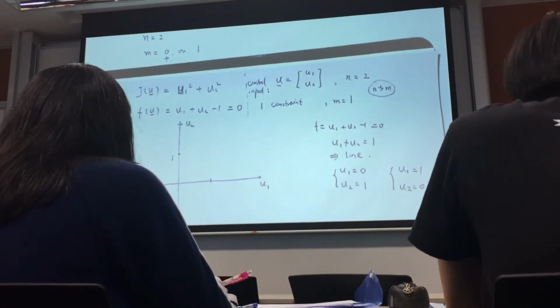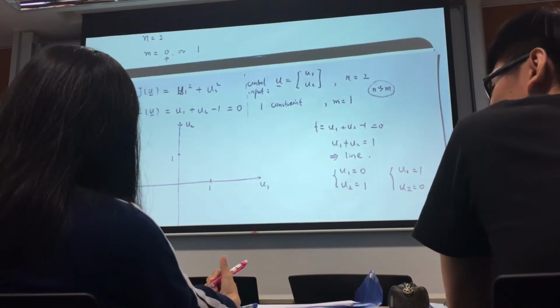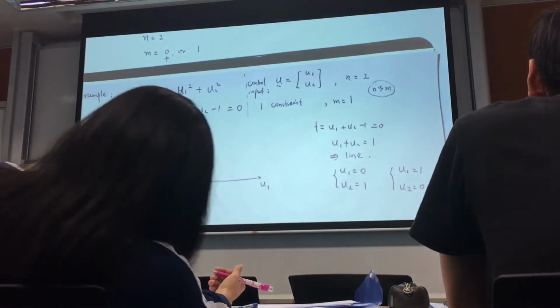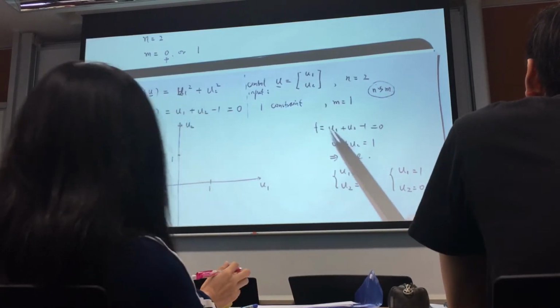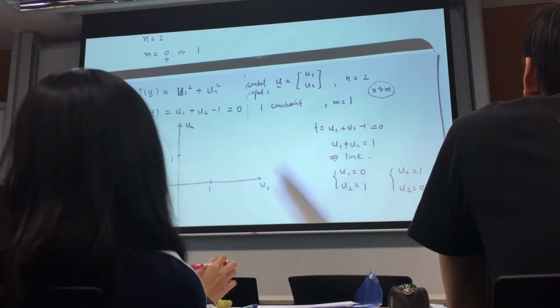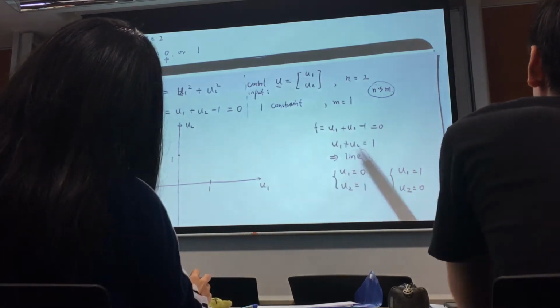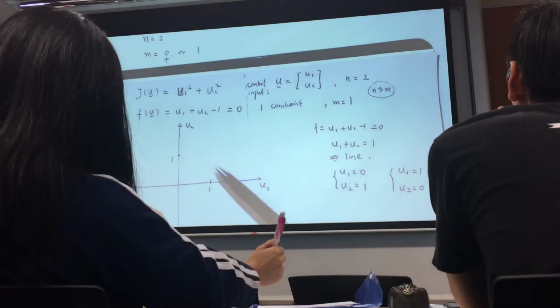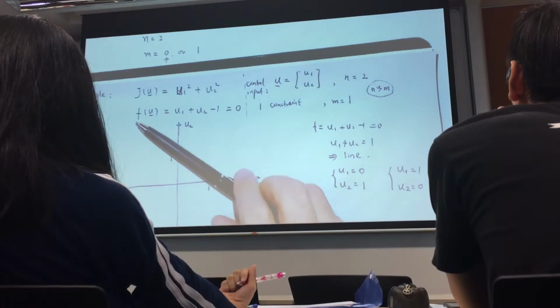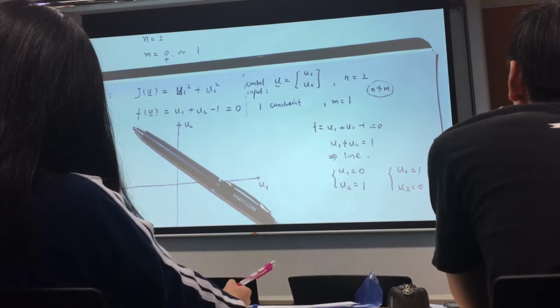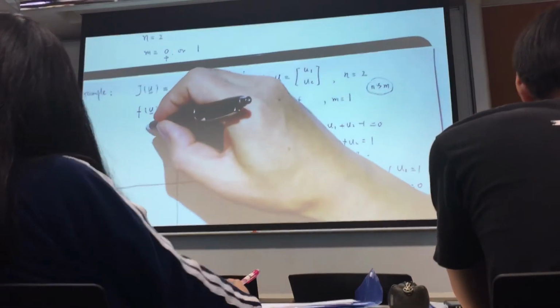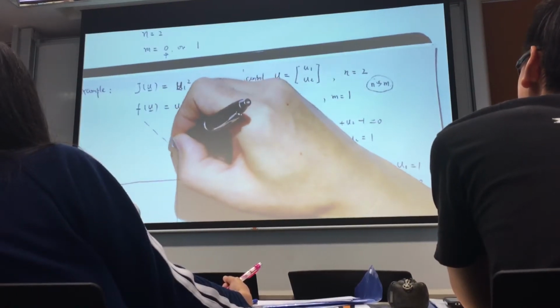So we have another point: U2 equal to 0 and U1 equal to 1. Because F is just a straight line and we have two points, we know the line will be something like this. The line is just given by these two points.